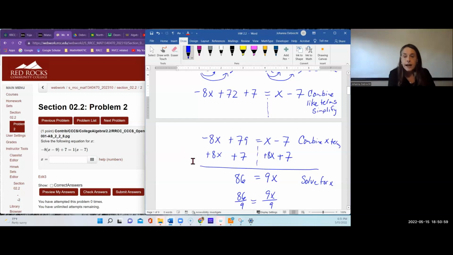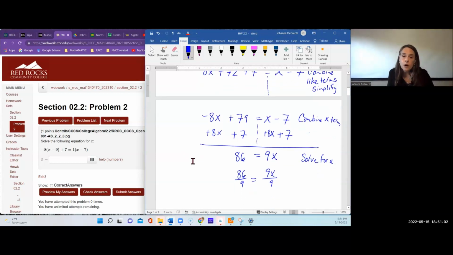Now, 9 is only divisible by 3, 1, and 9. 86, the two digits add together to give you 14, which tells me that it's not divisible by 3. And since it's not divisible by 3, it has no factors in common with 9 other than the 1. So that is as reduced as it gets. My answer is 86 divided by 9.